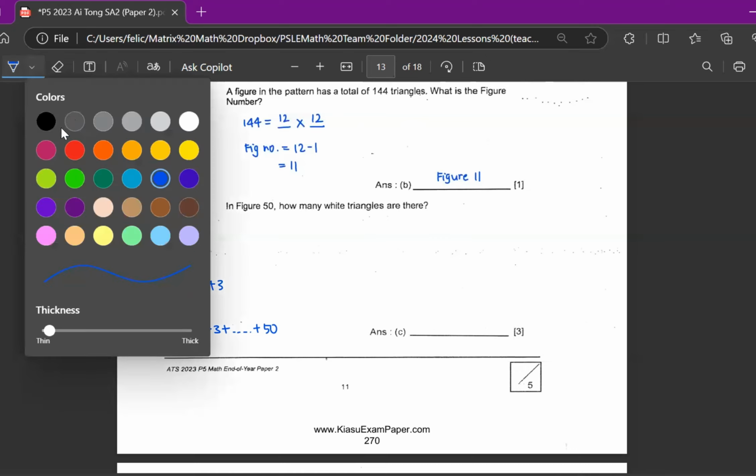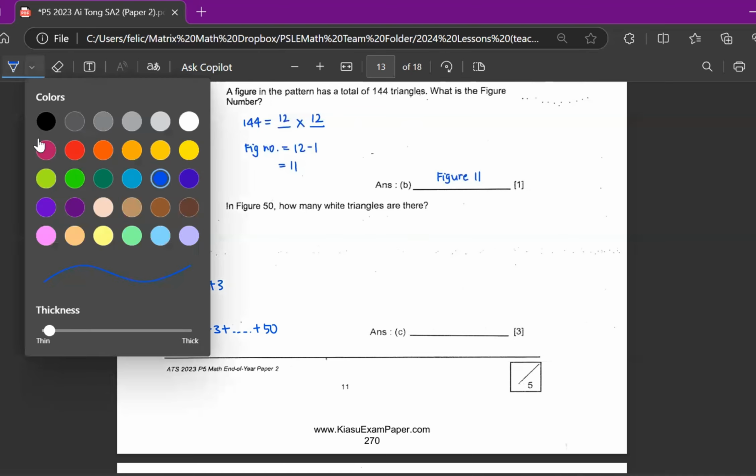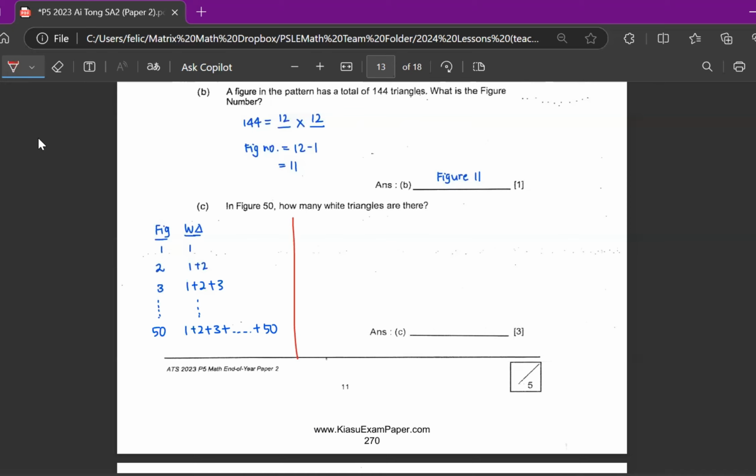So over here, what we have taught you in Matrix Math is called the reverse series method. I will show you and illustrate what the reverse series method is. Let me just draw a break line here. This is what the reverse series method is about. I will write down the equation, including the last 3 numbers, so starting from 48, 49, and 50.